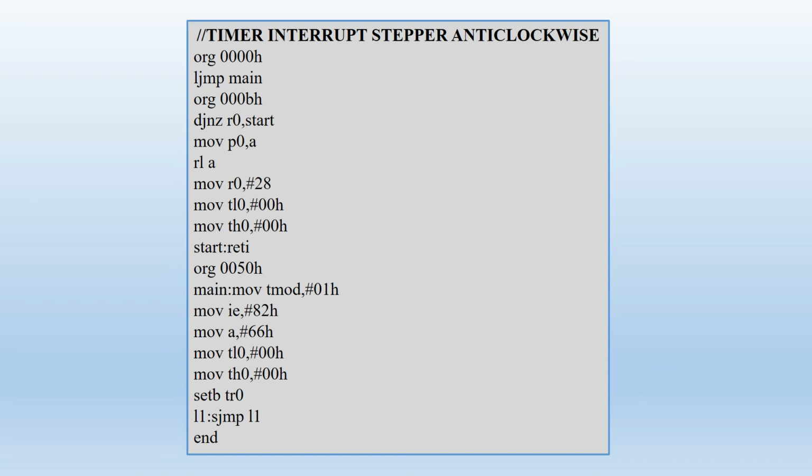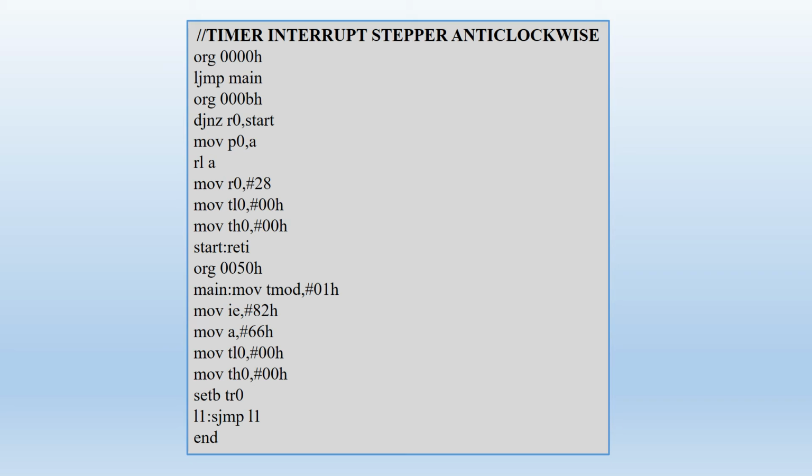Then you have to load the starting value of the stepper motor 4-step sequence, and the same value whatever we have given here, you have to take the same value in TL0 and TH0. Both values should be the same. Then you have to start the timer by using the instruction SETB TR0.